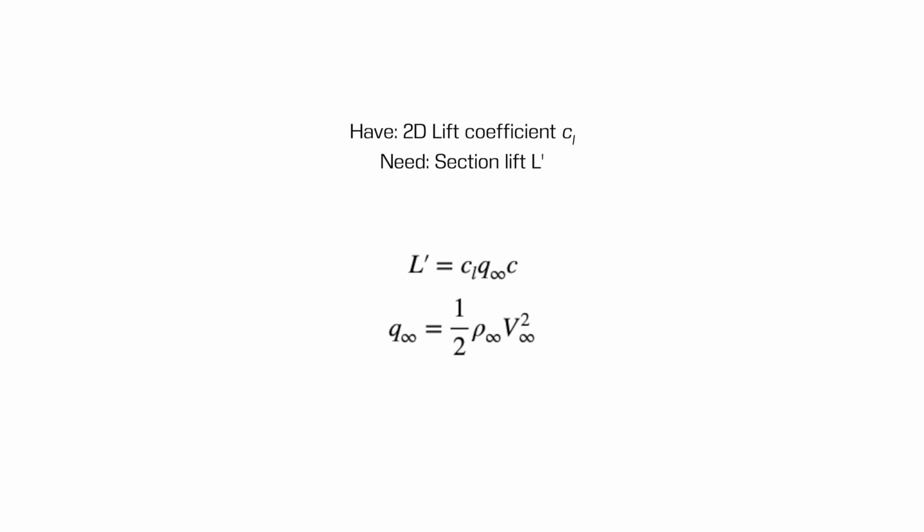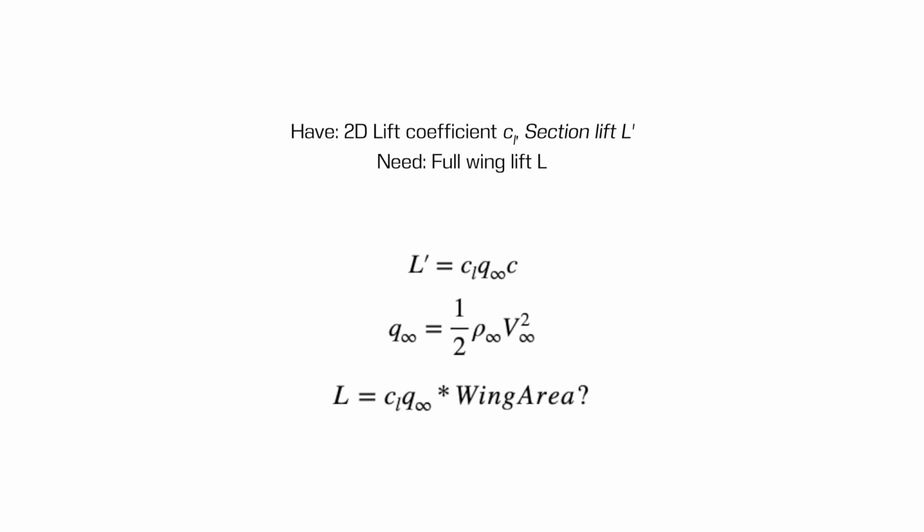Multiplying the lift coefficient by the dynamic pressure and airfoil chord will give us the lift force generated per unit span of the wing that the airfoil is a part of. If we want the full lift generated by said wing, one might assume we just need to multiply the lift coefficient and dynamic pressure by the wing area instead of the airfoil's chord length, but going from a 2D airfoil to a 3D wing makes things less straightforward than this, as will be discussed later on.